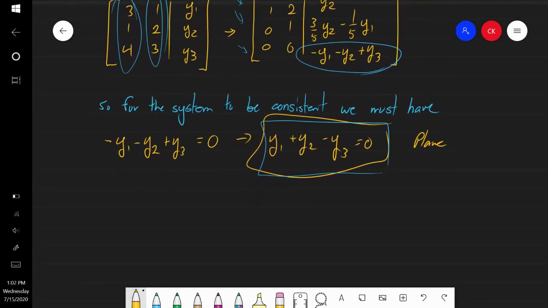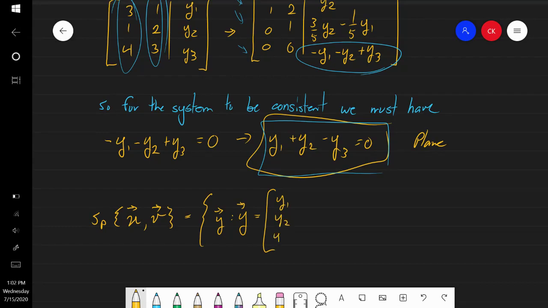So let's rewrite our span in a form that has some meaning. So it's the span of the u, v, that is. It's going to be the set of all y's, the vectors y, such that y is in R3. Again, we could just say that, or we could write out the generic vector y1, y2, y3.